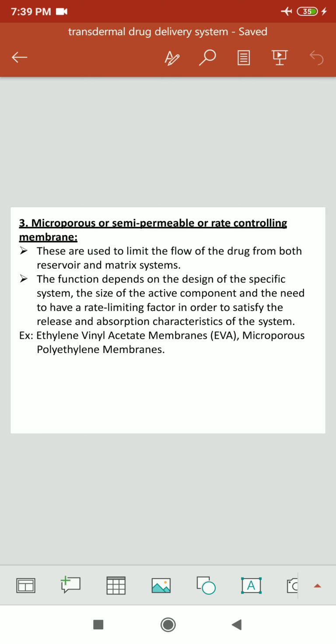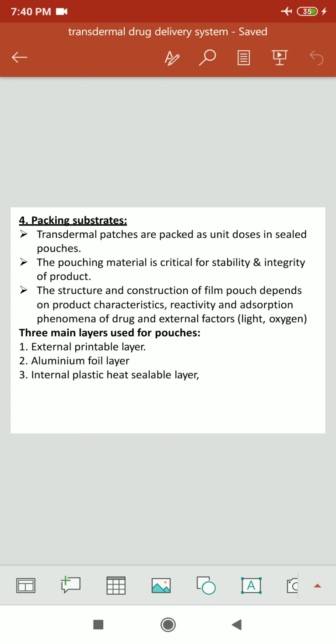Next is the microporous or porous semi-permeable rate controlling membrane. They are used to limit the flow of the drug, in both reservoir and matrix systems. So in both systems we are limiting the flow of drug. Examples of this are EVA and microporous polyethylene membrane.